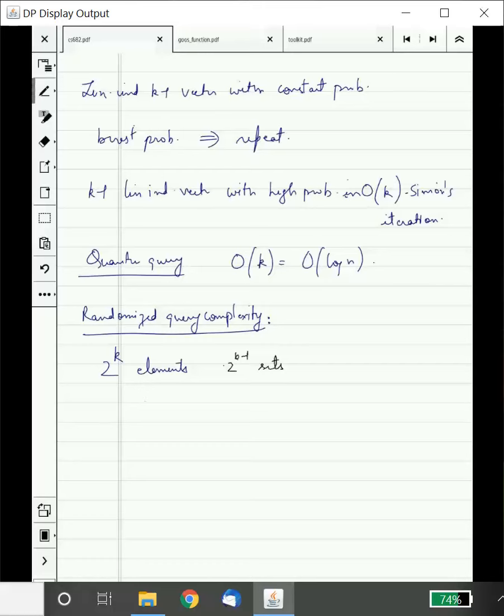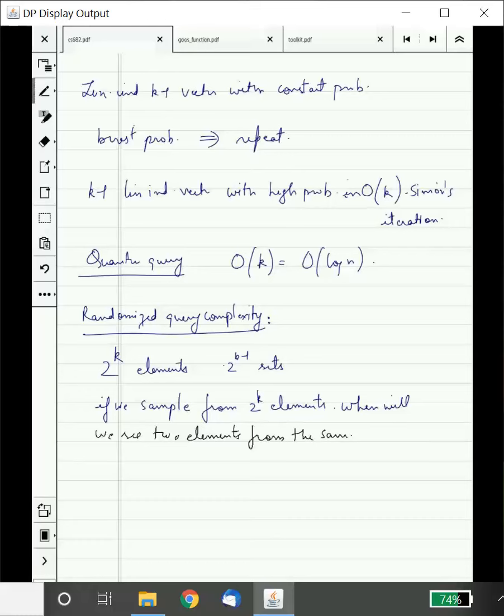Now the question is, if we sample from these 2 to the power k elements, when will we see two elements from the same set? You can write down an expression for this. For example, you can say the probability that I get to see two elements of the same set after i iterations.